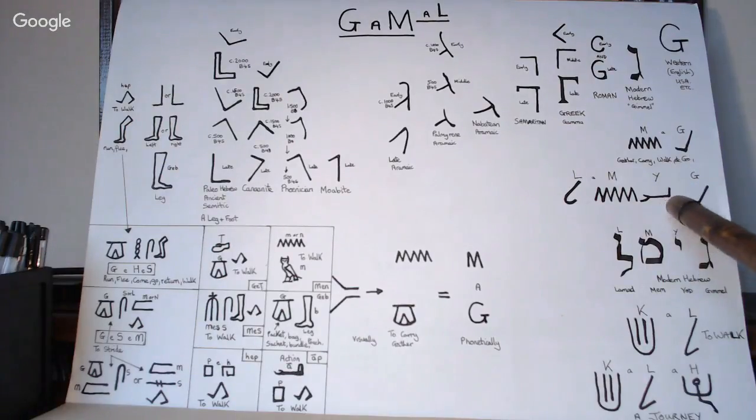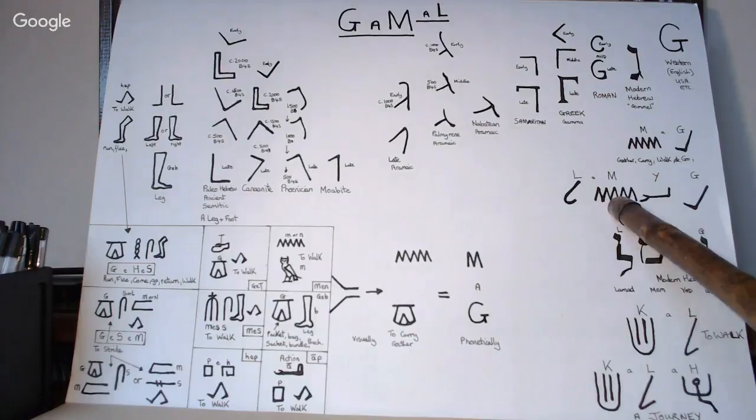This is how the actual word is written in the Paleo Hebrew with the G symbol, the yod for the action of, remember this symbolizes actually moving your legs. This one, if you remember, means the action, what you're actually doing, your bodily function.